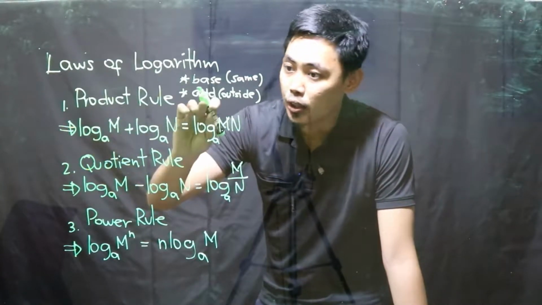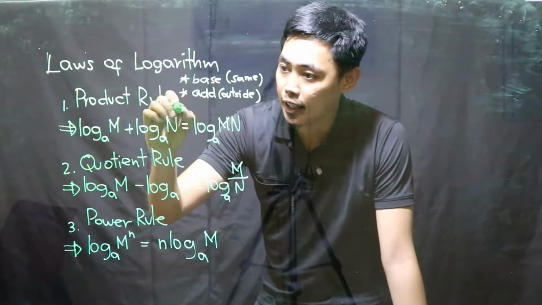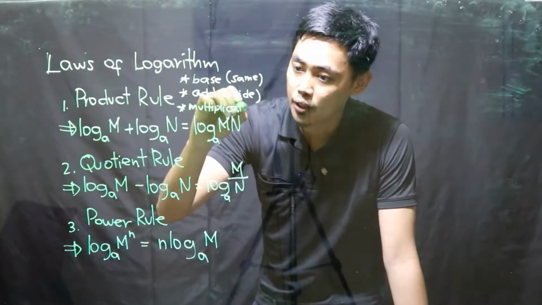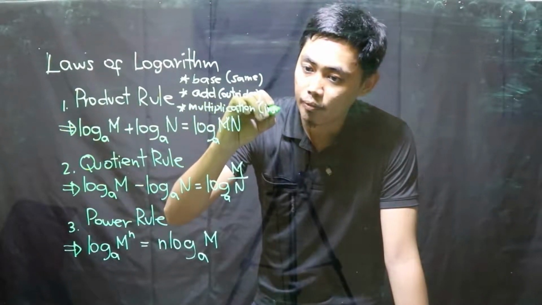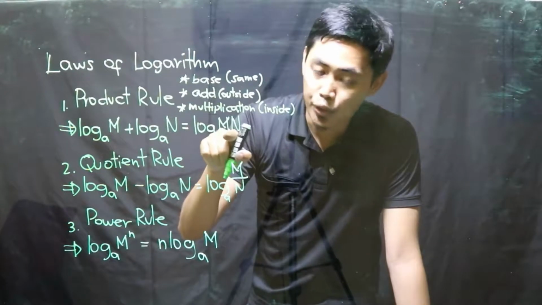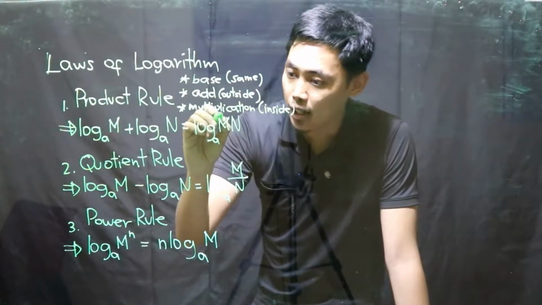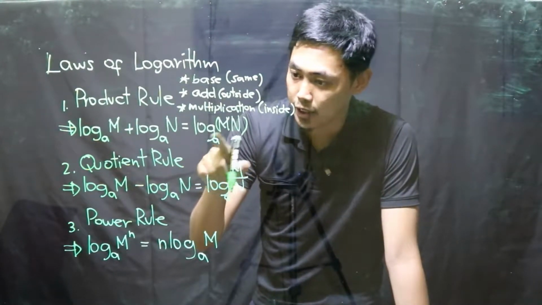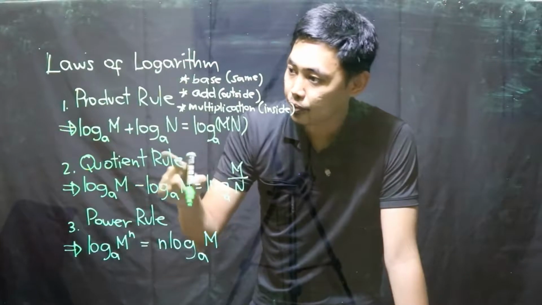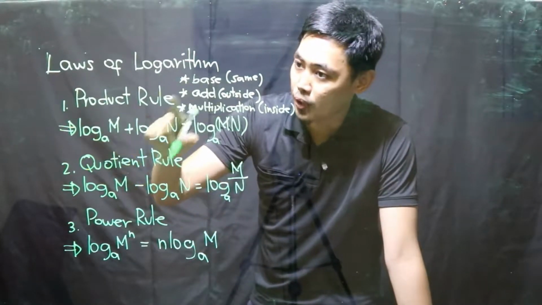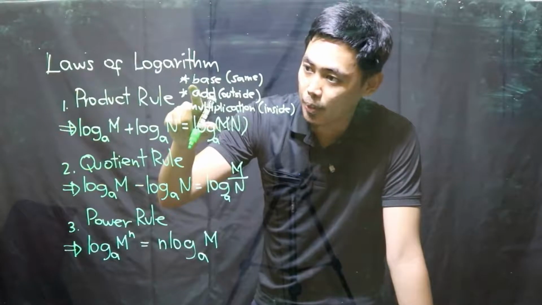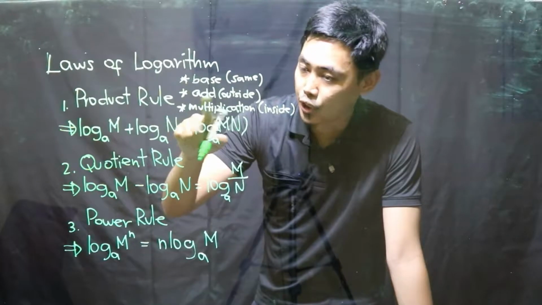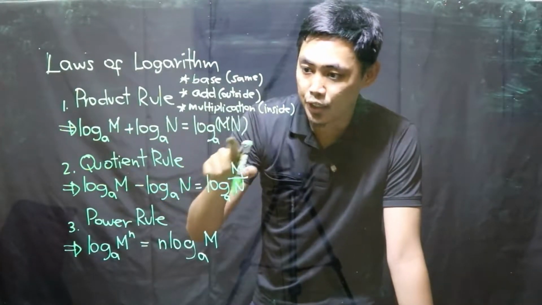So, addition is outside and multiplication is inside, meaning the multiplication is inside the logarithmic notation. It's not outside. Alright? So again, the first thing that you will need to put in your mind is: the base should be the same, addition is outside, and multiplication is inside.